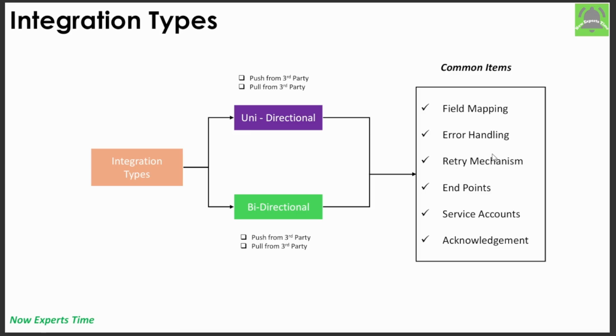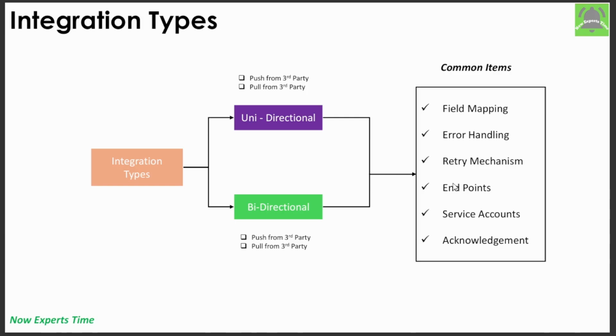So when we talk about this push pull mechanism, there are common points available in this integration. What are all the common points? I specifically defined six common points here. The first of those six common points I will consider as the endpoint. So which endpoint do I need to send to?